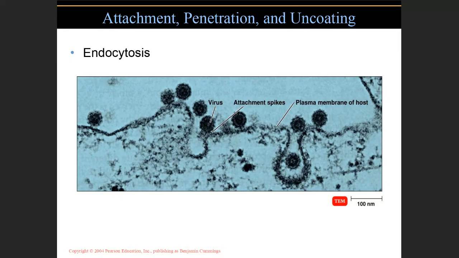So animal cells actually do infect themselves, right? Because the viruses are tricking them. They're fooling those host cells into thinking the virus is something good to eat, something good to move inside the cell. And that's how most host cells get infected: they actually infect themselves.